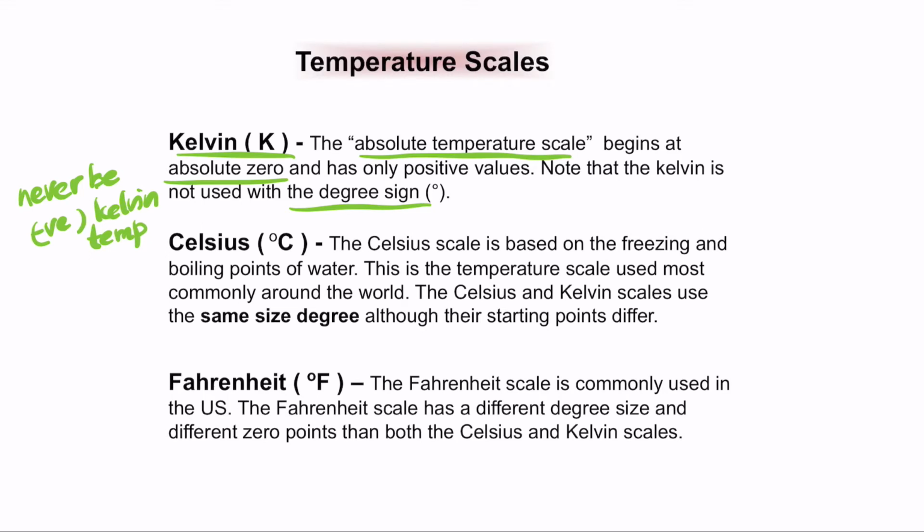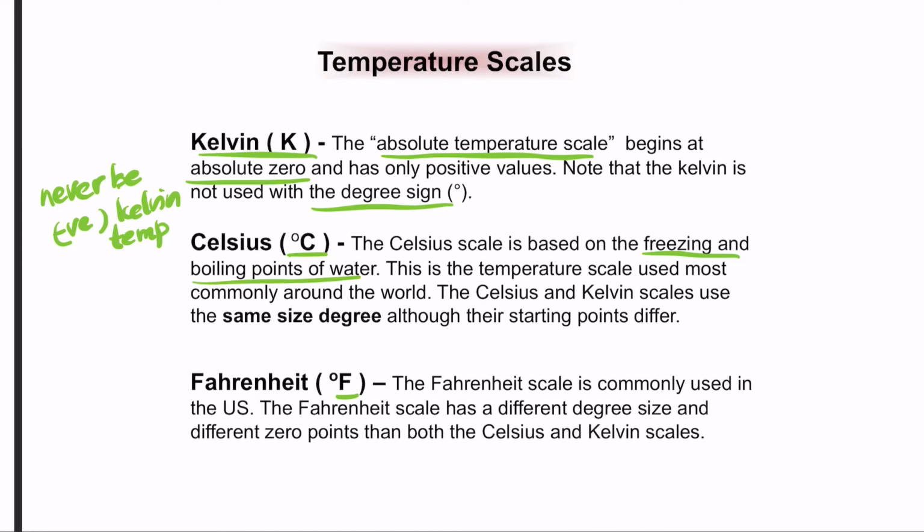For example, degree Celsius and degree Fahrenheit are not absolute scales, because the Celsius scale is based on the freezing and boiling points of water. That's why it is the most commonly used temperature scale across the world. Fahrenheit is most commonly used in the US, and it has a different degree size and zero point.